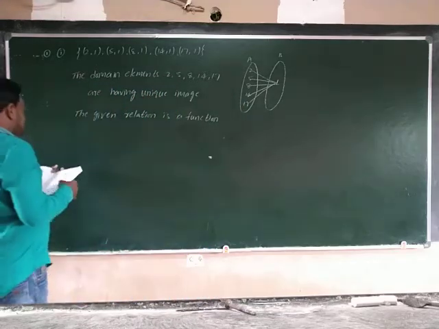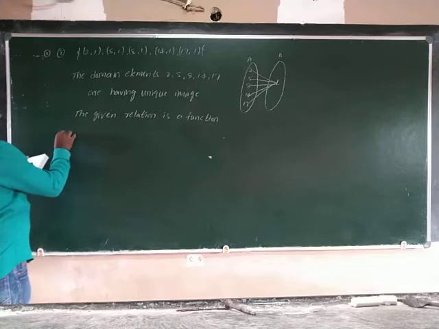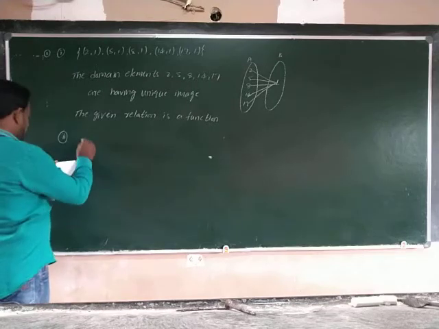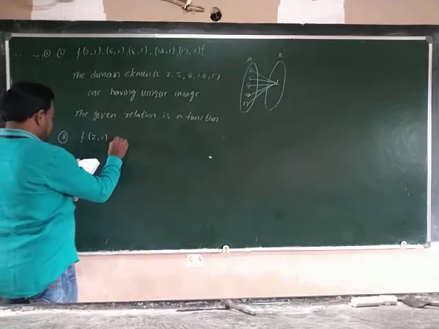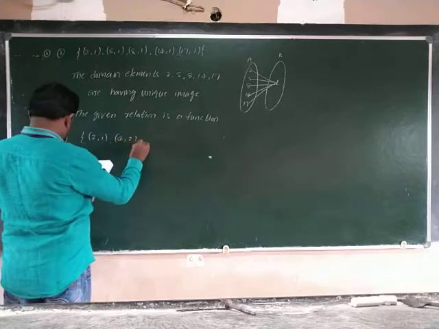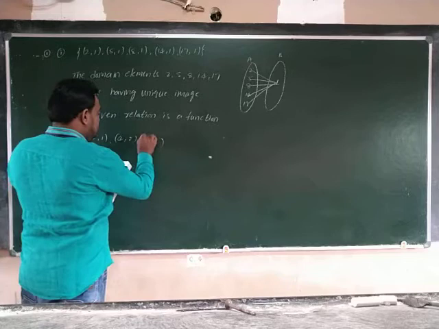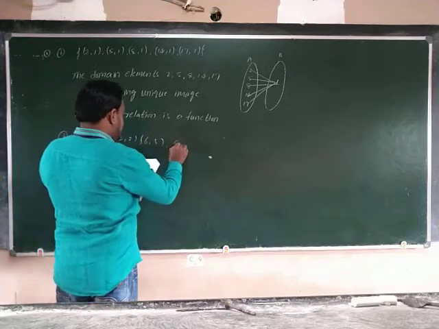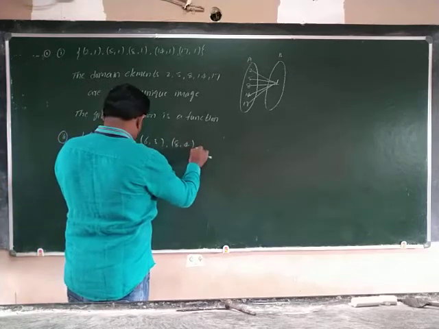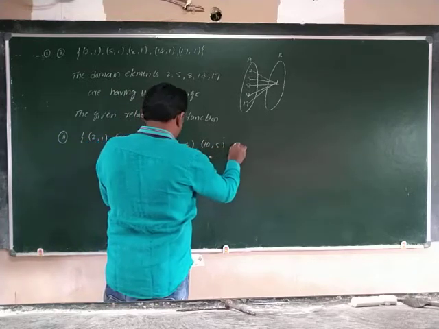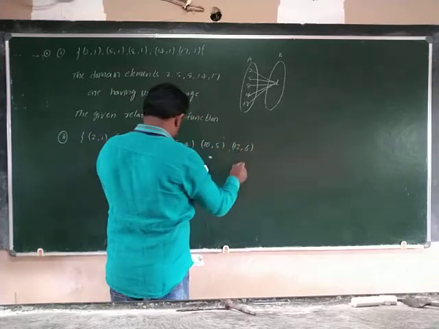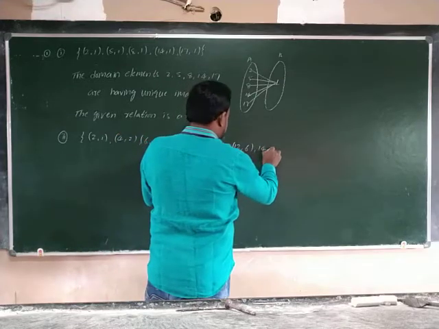Next, coming to the second one: the set {(2, 1), (4, 2), (6, 3), (8, 4), (10, 5), (12, 6), (14, 7)}.